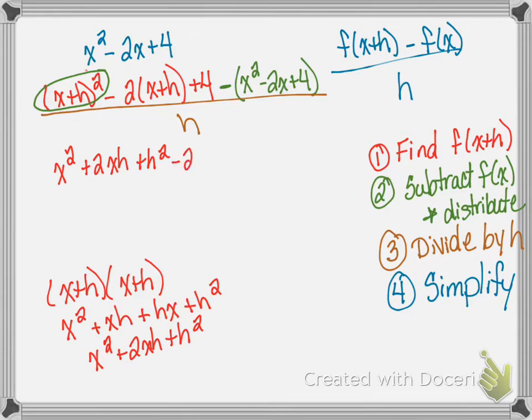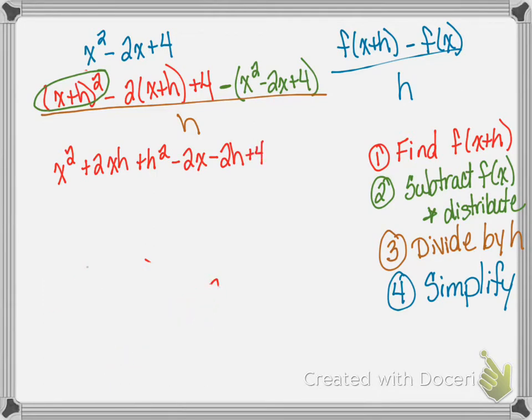So I have negative 2x minus 2h plus 4. All of that is still my red. Now I'm going to distribute my negative sign. So I have negative x squared plus 2x minus 4. So I distributed my negative sign for the subtract.